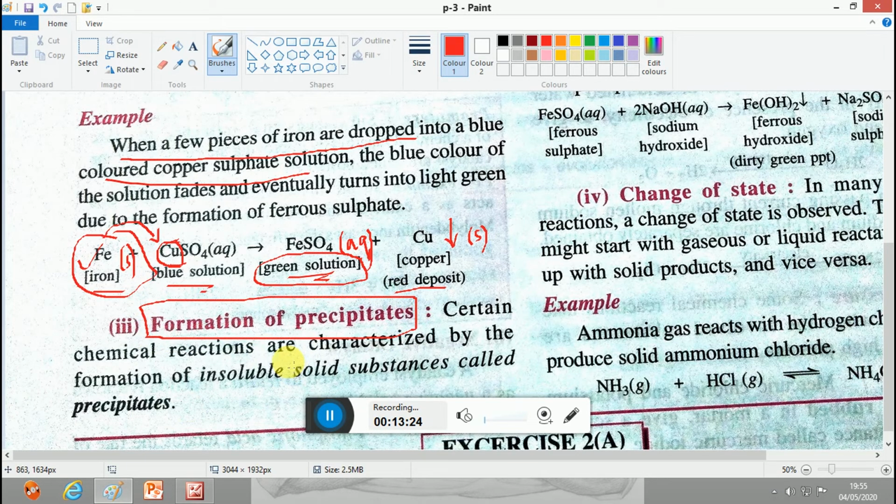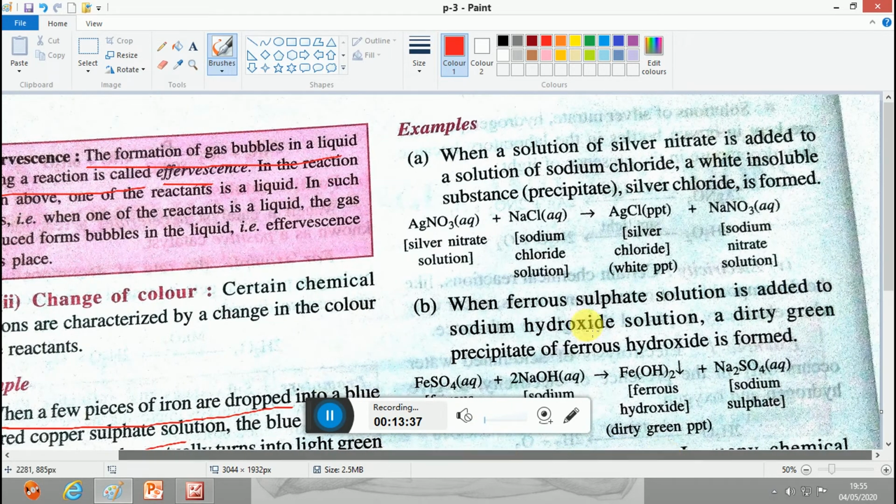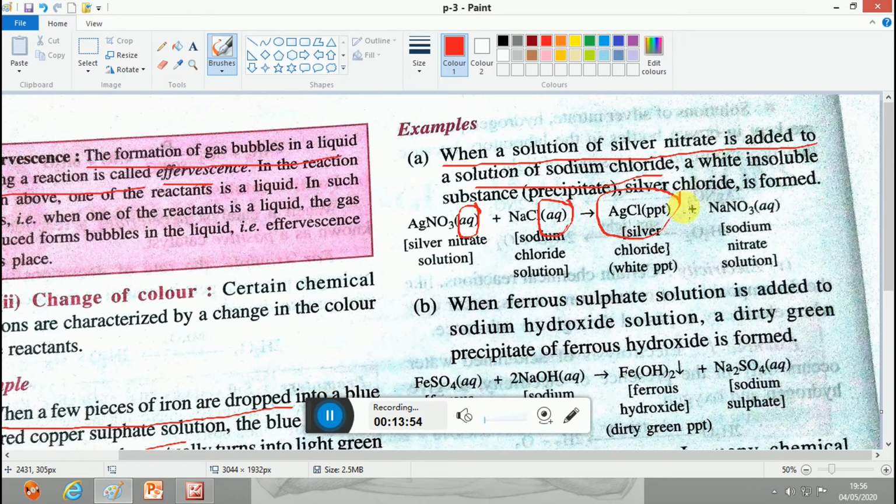In class 8, you have observed that insoluble solid substances are called precipitate. For example, when a solution of silver nitrate is added to a solution of sodium chloride, AQ means aqueous, a clear solution, and this is the precipitate.